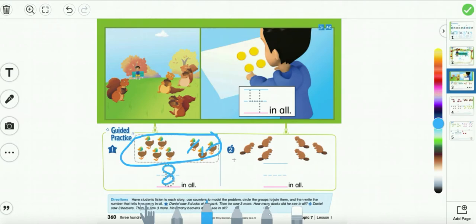Let's look at number 2. Daniel saw 3 beavers. Then he saw 3 more. How many beavers did he see in all? Let's count. 1, 2, 3, 4, 5, 6. Daniel saw 6 beavers in all.